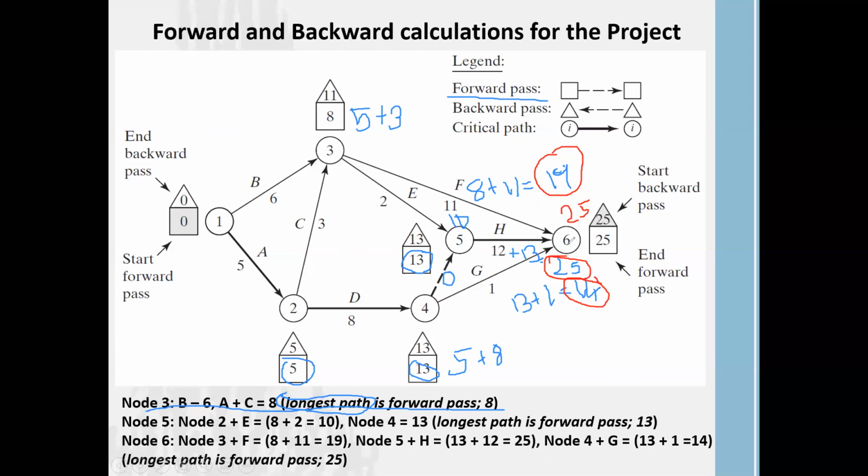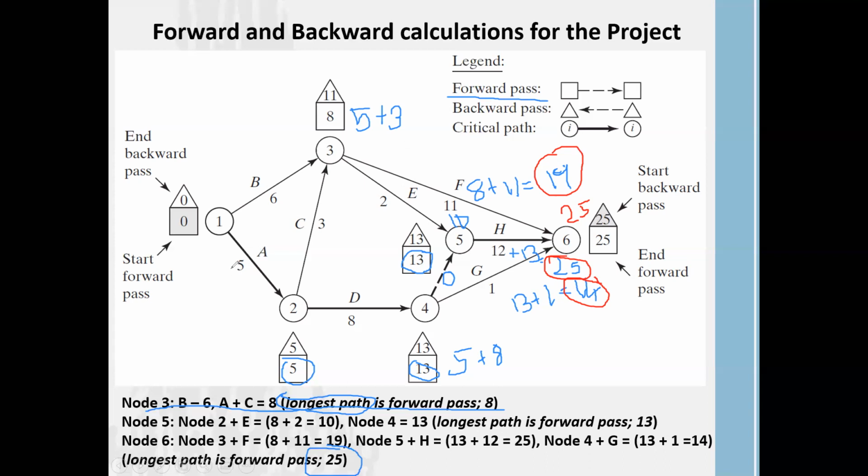Once we complete the project with the maximum time period, we are consuming 25 weeks. That's the meaning of forward pass. The longest path is the forward pass, that is 25. So here we are consuming 25 weeks to complete this project.